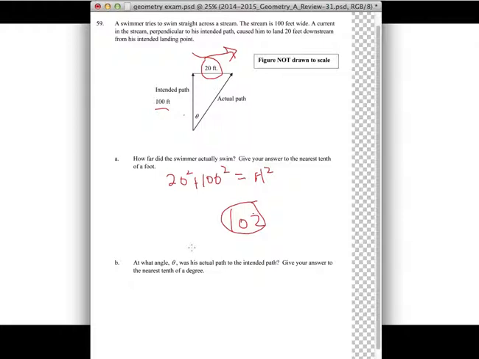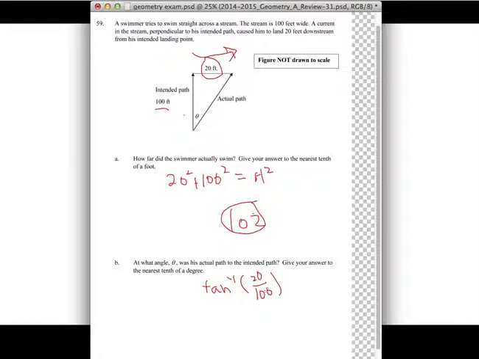Then the theta. We're going to use theta. Find how many degrees. Then remember 20 is opposite and 100 is adjacent. So we're going to use tangent. Tan inverse. Remember, we're looking for the degree. So we're going to use tan inverse of opposite over adjacent, 20 over 100.